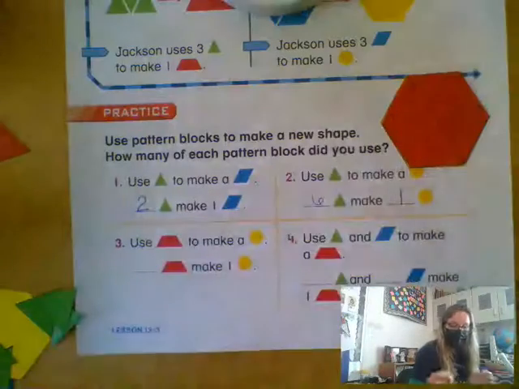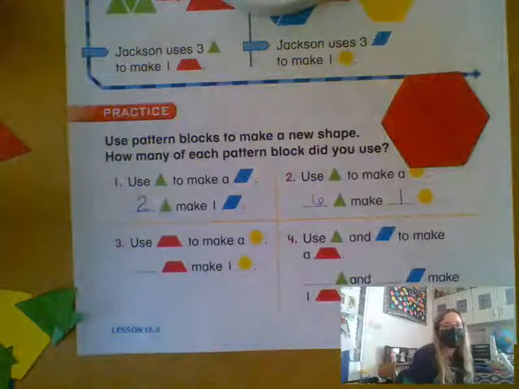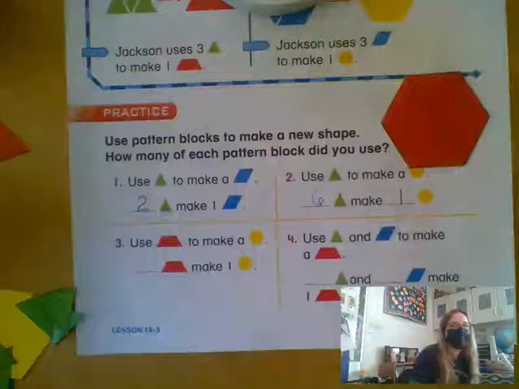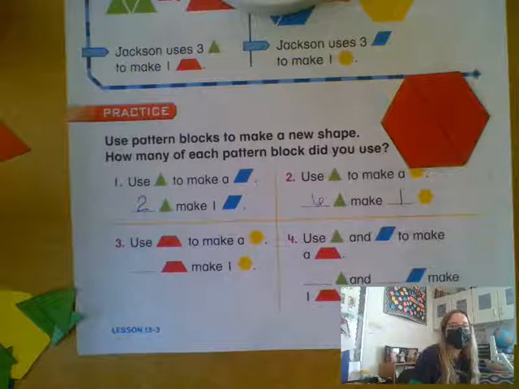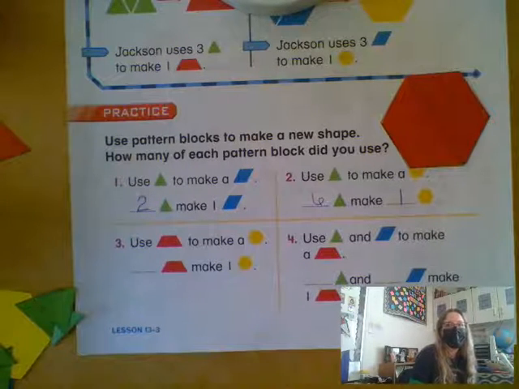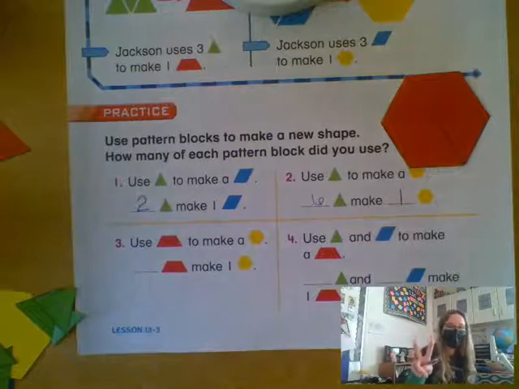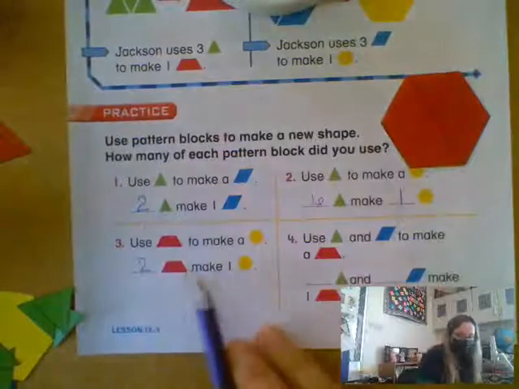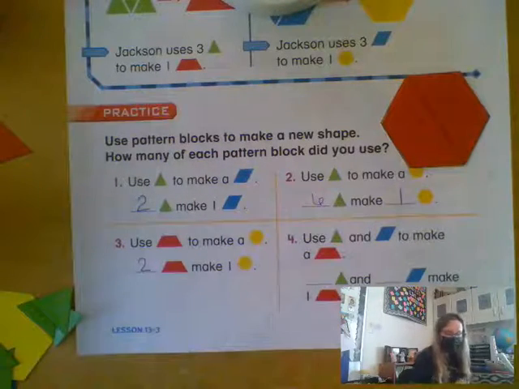When you know, raise your hand. How many trapezoids do you need to build 1 hexagon? Okay, ready? On the count of 3. 1, 2, 3. 2. Awesome. So write down 2 trapezoids make 1 hexagon. Good job.